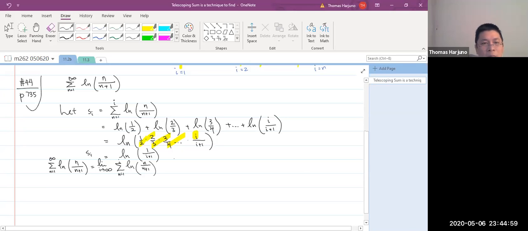But that's the same as the limit as i goes to infinity of S_i, which is the limit as i goes to infinity of natural log of 1 over i plus 1. That equals the natural log of the limit, which equals 0.